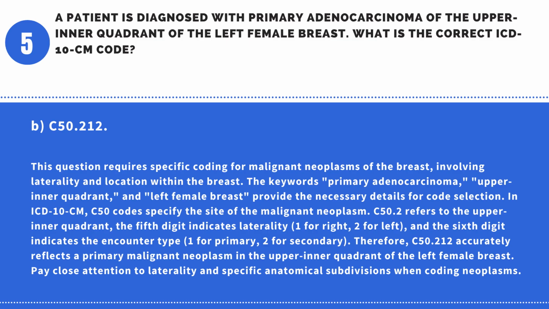C50.2 refers to the upper inner quadrant, the fifth digit indicates laterality, 1 for right, 2 for left, and the sixth digit indicates the encounter type, 1 for primary, 2 for secondary. Therefore, C50.212 accurately reflects a primary malignant neoplasm in the upper inner quadrant of the left female breast. Pay close attention to laterality and specific anatomical subdivisions when coding neoplasms.